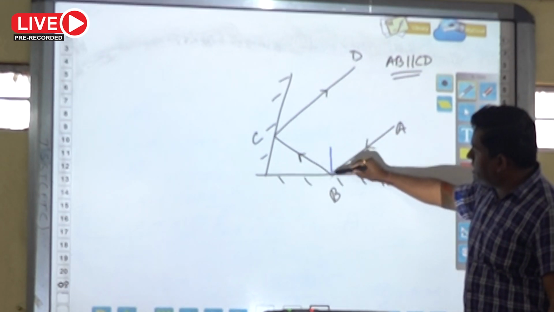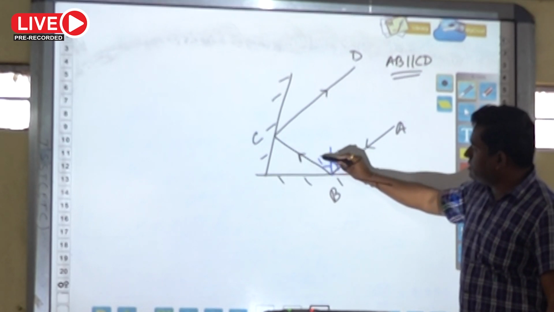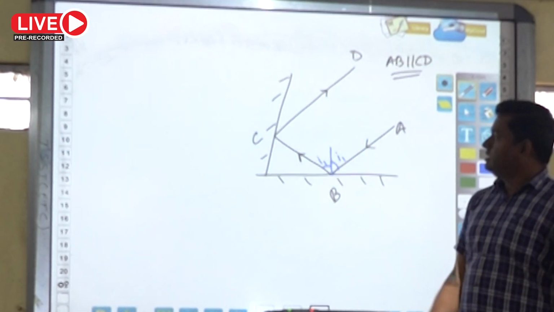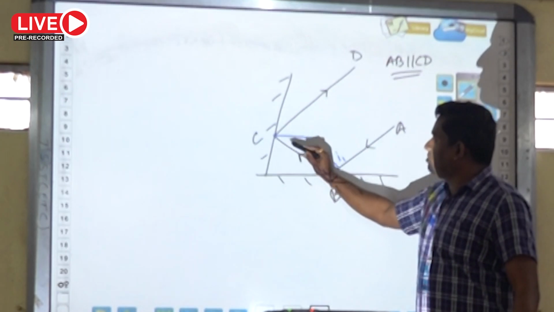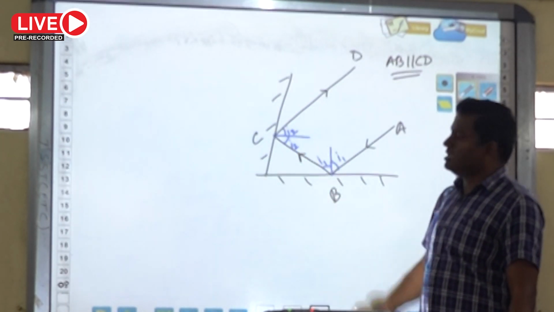Now I can draw a normal here. So this is I1, this is also I1. Then I also consider another normal. It will be I2, it will be I2.